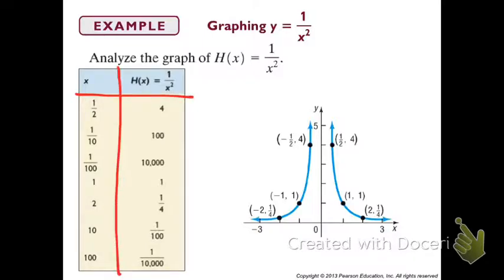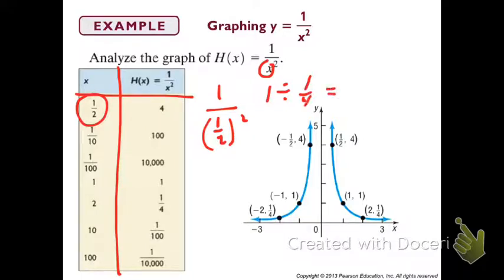So we're picking inputs, and then we're replacing the x with those inputs. So if we took x and replaced it with 1/2, think about that. 1 divided by 1/2 quantity squared would be 1 divided by 1/4, which is really 1 times 4. Okay, so that's why we get a 4 here.